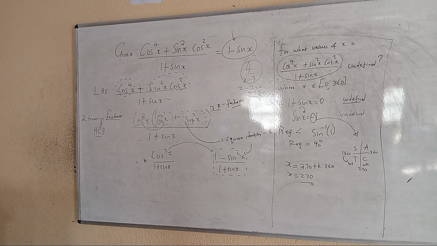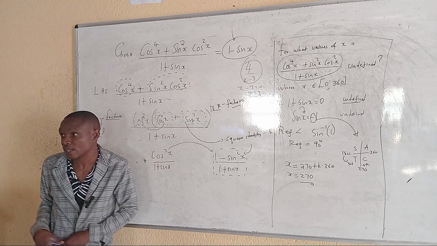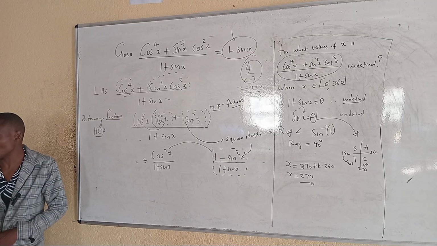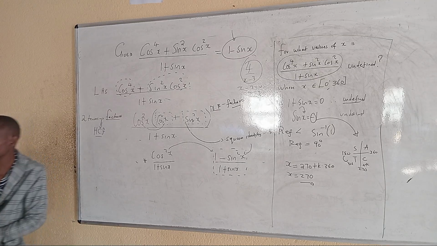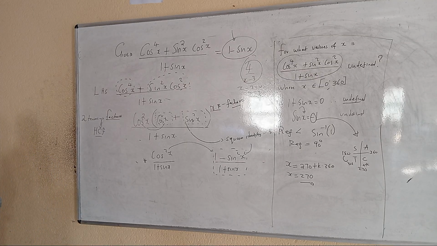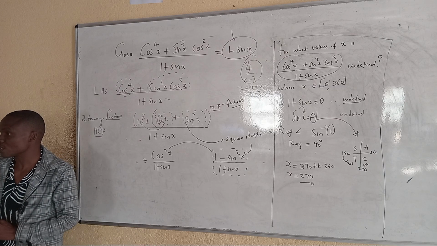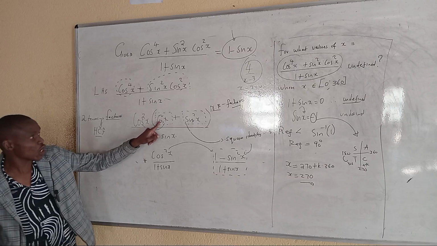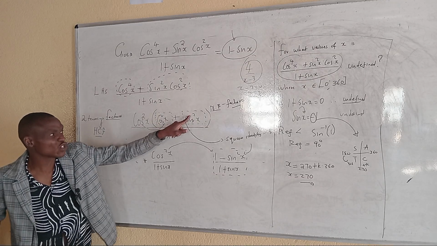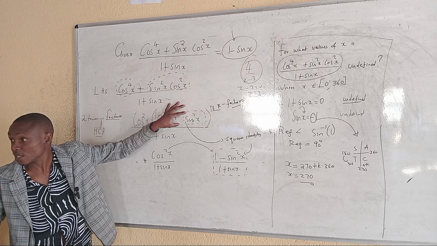Okay, let's summarize what we have learned, things that I don't want you to forget. Number 1, watch out for factorizing. Factorizing is very important. Number 2, remember your identities, like this one: cos squared x plus sine squared x is 1.